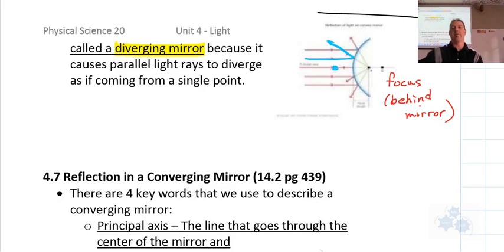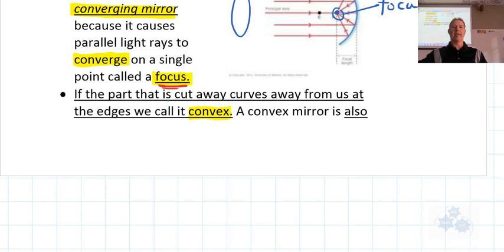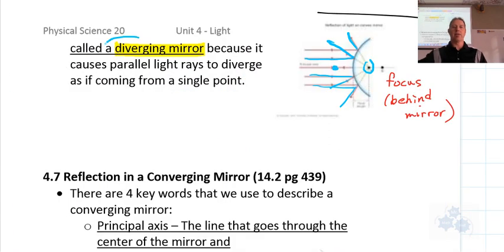They will actually diverge from a point behind the mirror. And those are the rules that light rays follow on a diverging mirror. Okay, a diverging mirror. And as we mentioned before, that was a convex mirror. Okay, convex is diverging.